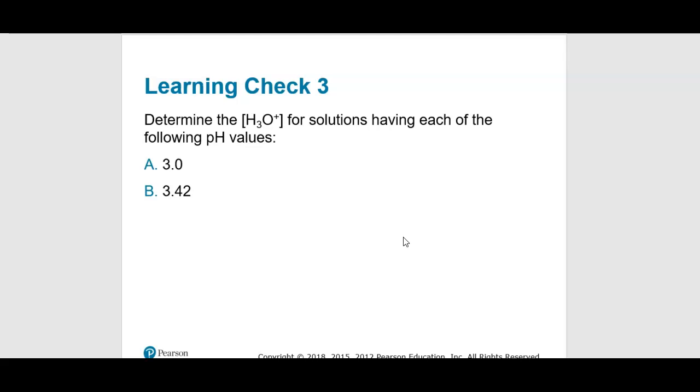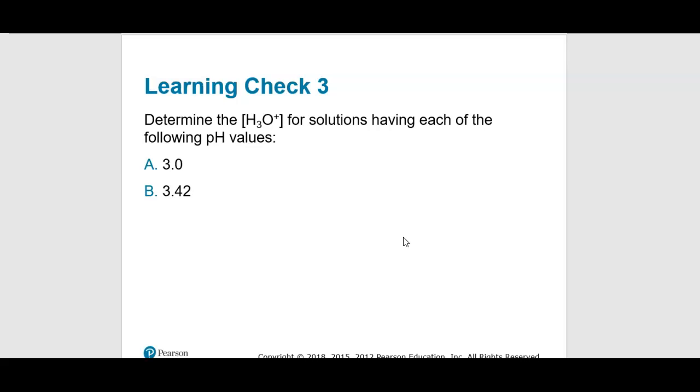So for 3.0, in my calculator, it is a 10 to the x function. Second 10 to the, oh wait. Type in 3.0 and hit second 10 to the x and you get 1,000.